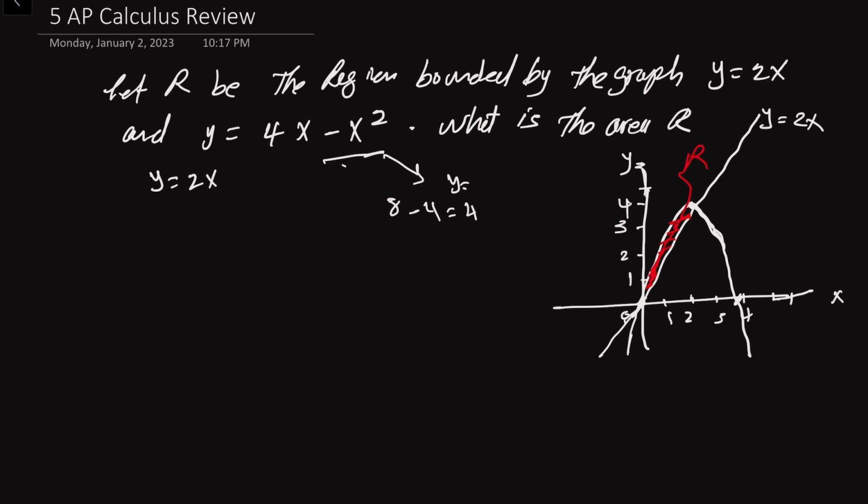Okay, so this function is y equals 4x minus x squared.